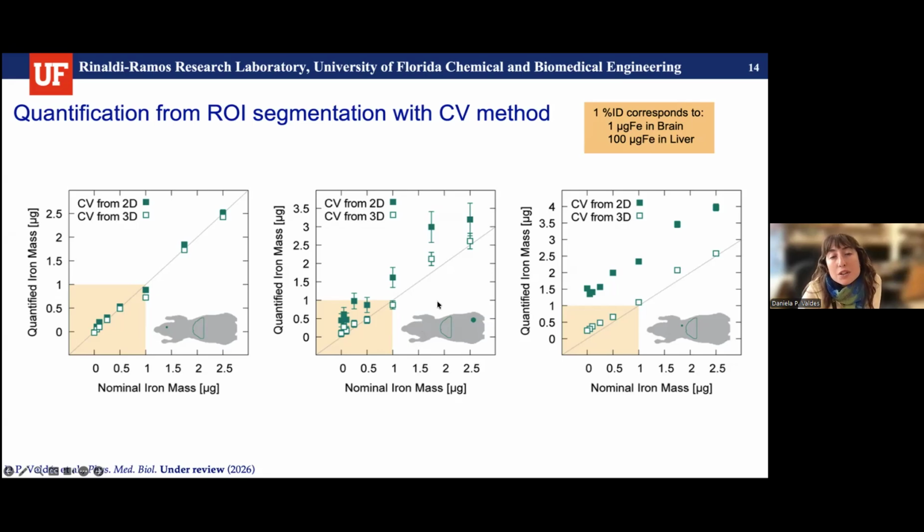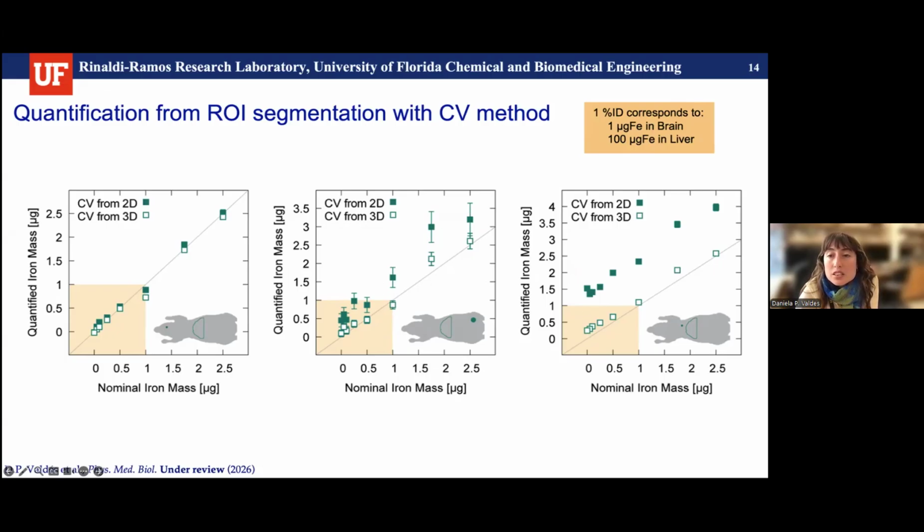And for the flank and the lung, we can cut the background out of the segmentation from the flank and the spillover from the liver in the lung case. But we start seeing, especially for 2D, this offset we have.